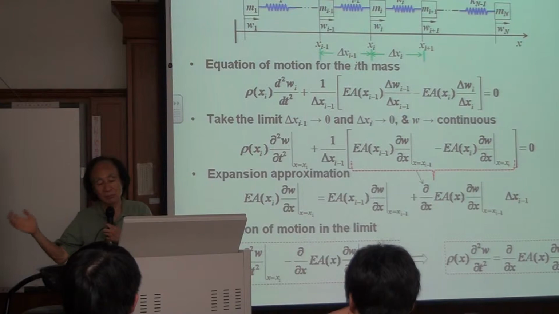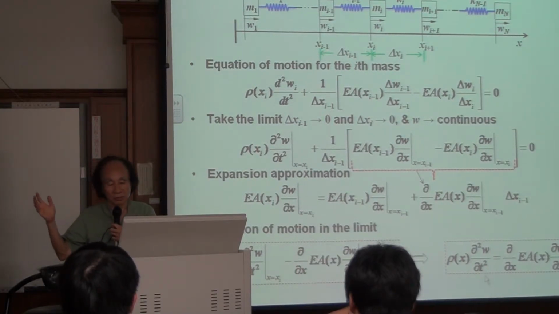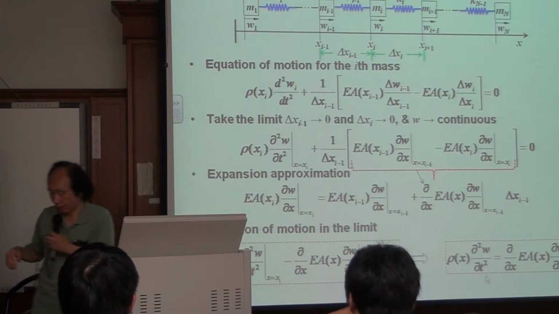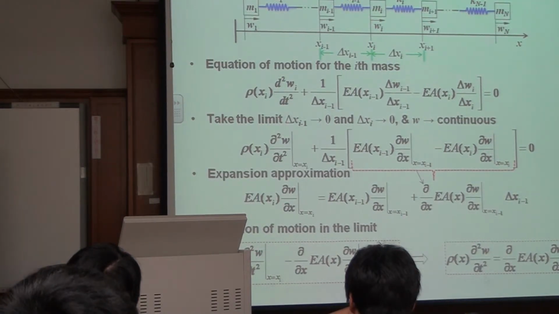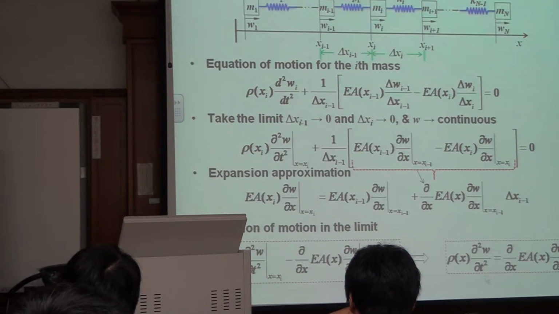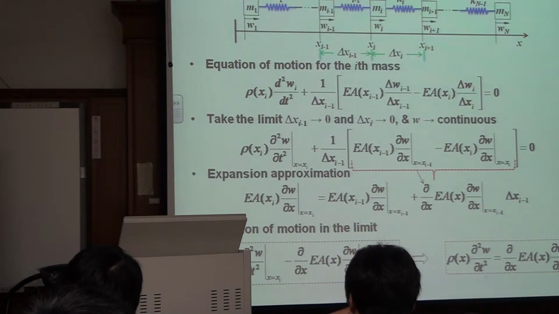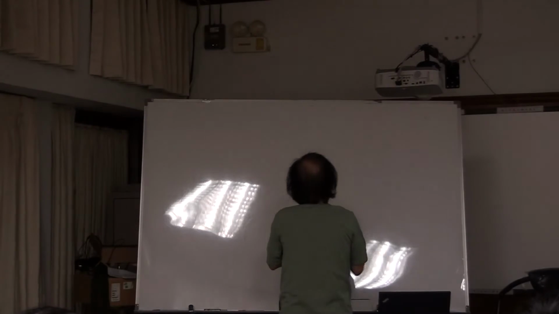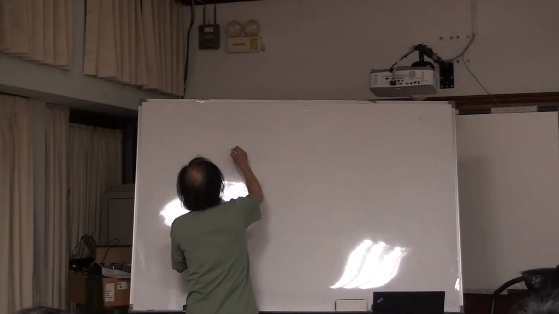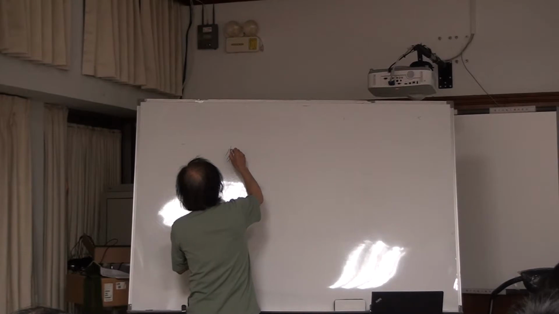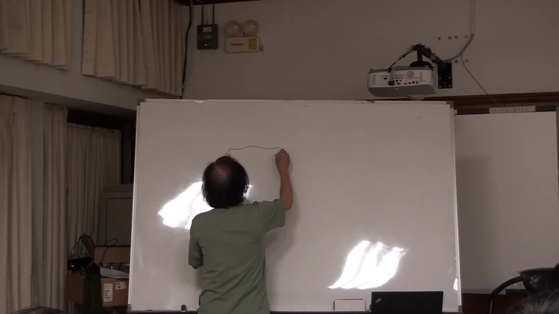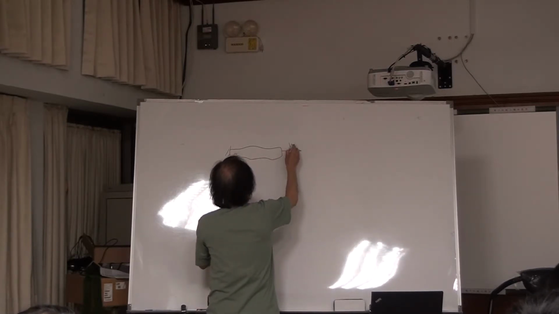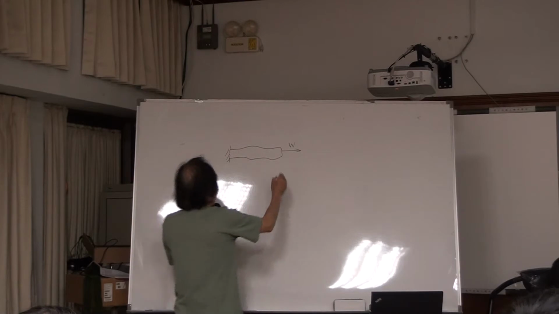This is just a simple form to model a continuous system. For example, if you have a rod, as a matter of fact, in many cases if you have already taken engineering mechanics, I have a rod like this, and this is my W, and I have some force here.